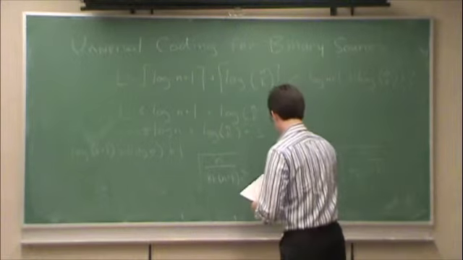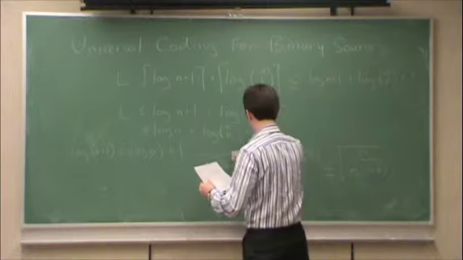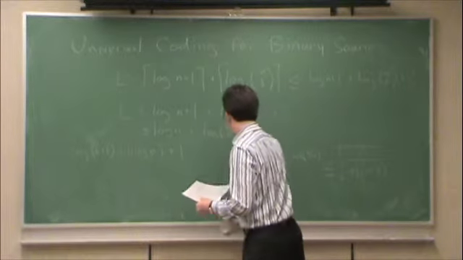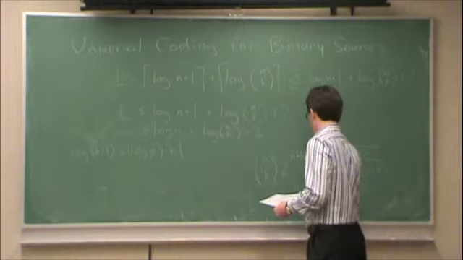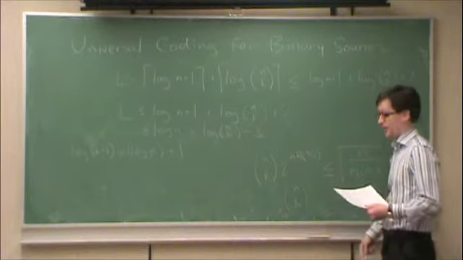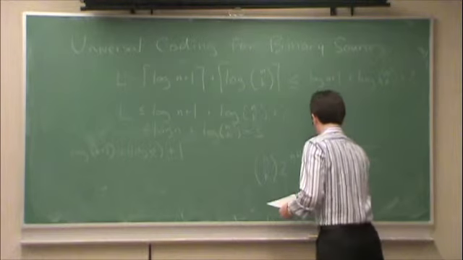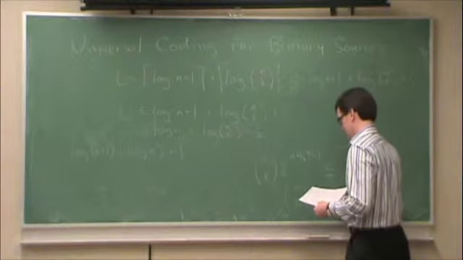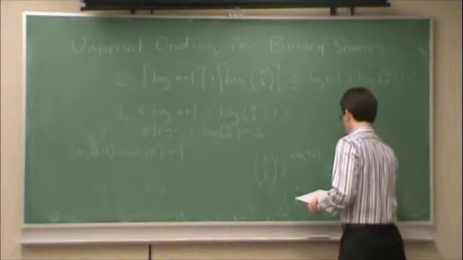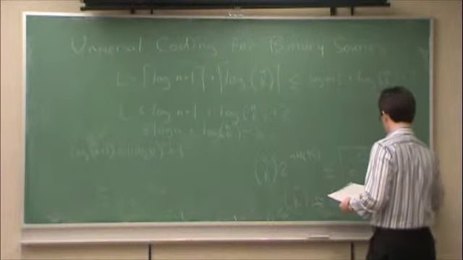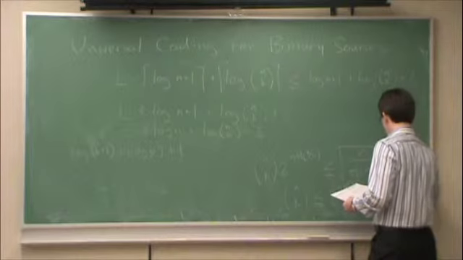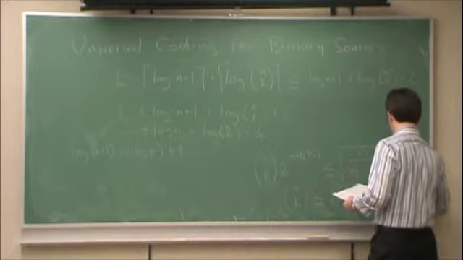Now, I want to use this. I'm going to use the upper bound. So therefore, n choose k, if I multiply through by 2 to the n h k over n, n choose k is less than or equal to 2 to the n h k over n times root n over pi k(n minus k).